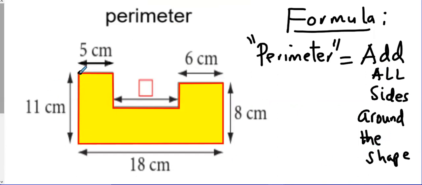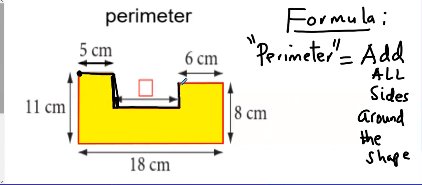If I choose this to be the starting point, and then I want to go around this shape, I should take this 5 centimeters here, add it to this, which I don't know how much it is, and then this one here, and then this one here.